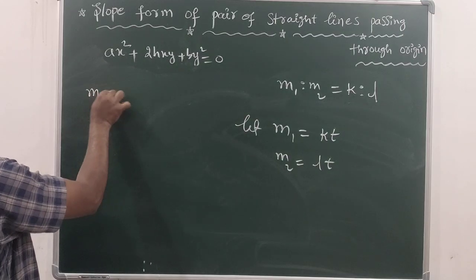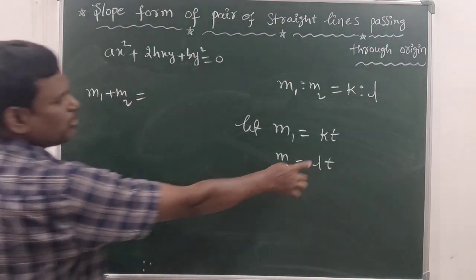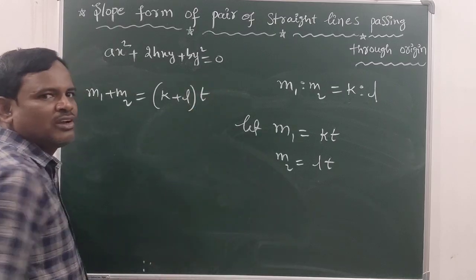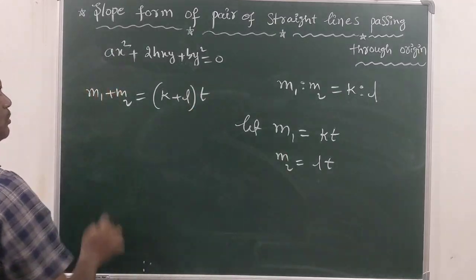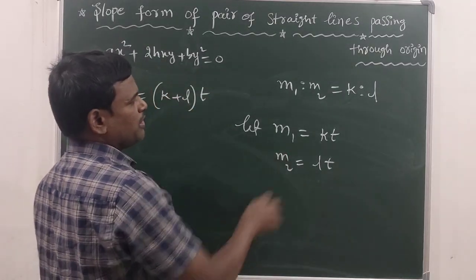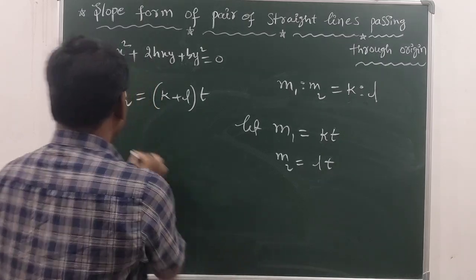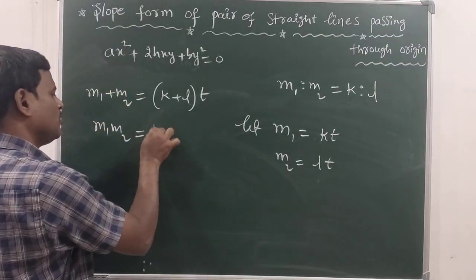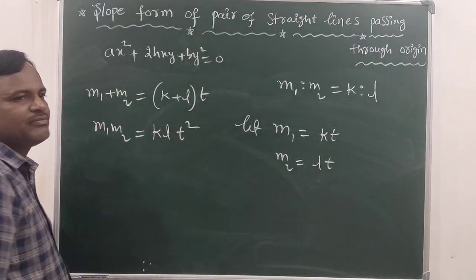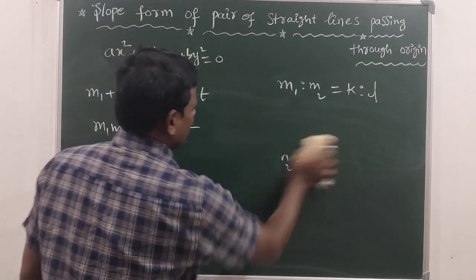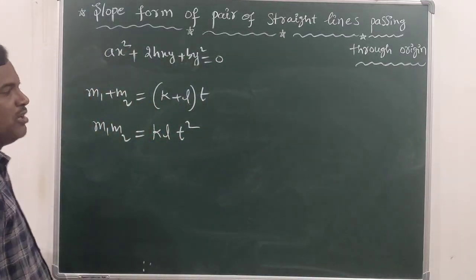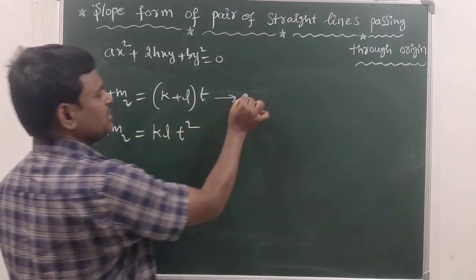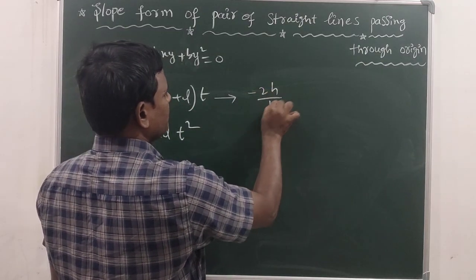Now see, take the sum of the slopes. m1 plus m2, when you add these two, you get (k plus L) into t. When you take the product of m1, m2, you get KL into t square. Now, m1 plus m2 is equal to minus 2h by b.